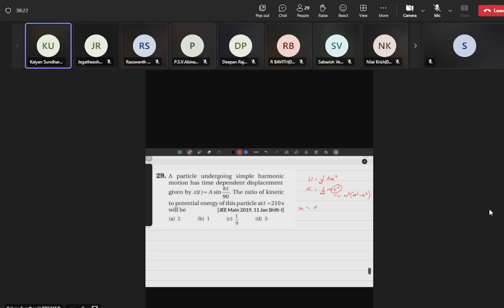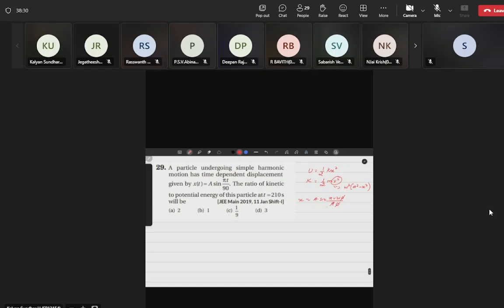So x will be equal to a sine of pi into 210 divided by 90. This will be 7 pi by 3.